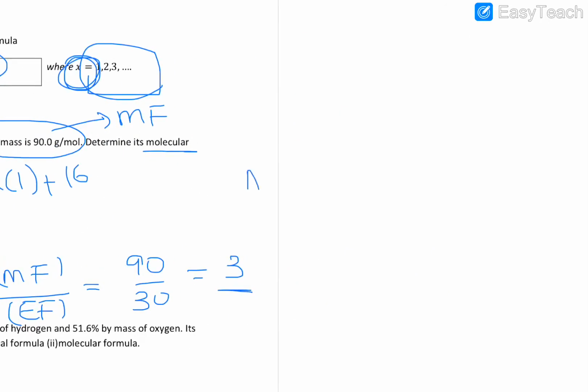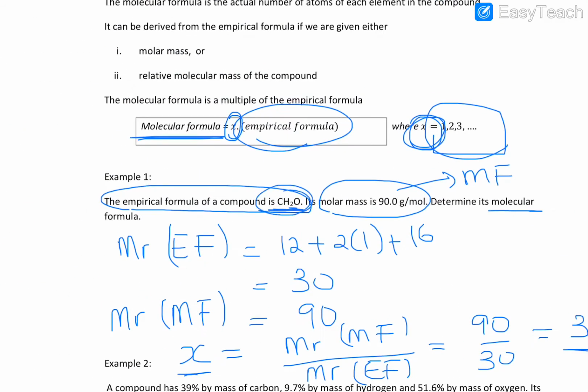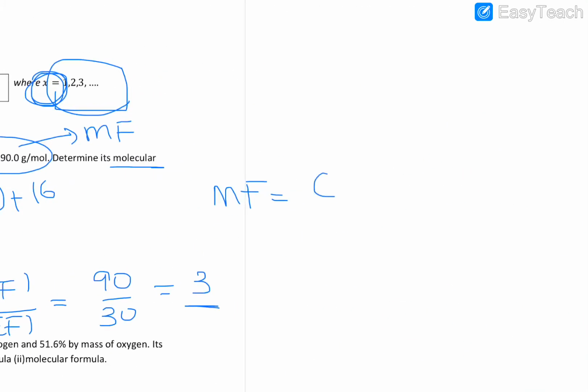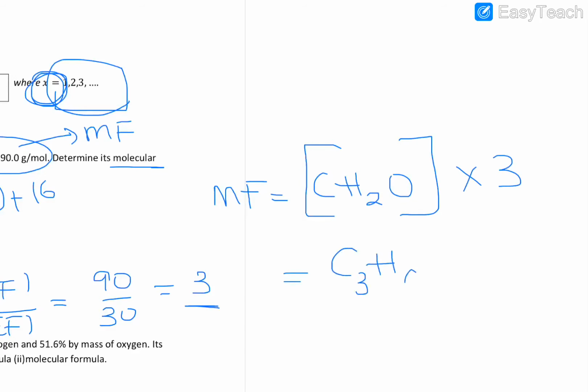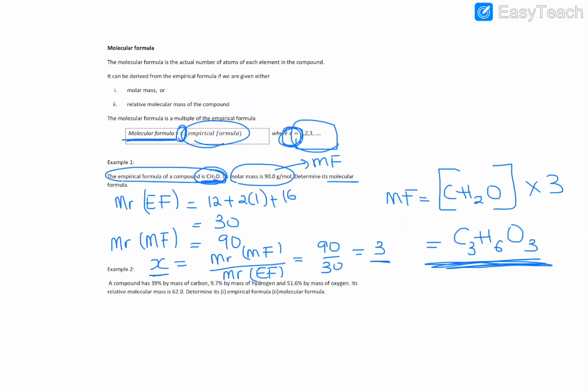So the molecular formula is going to be 3 times the empirical formula. CH2O, all of this is going to be multiplied by 3, so it's going to be C3H6O3. This is the actual formula of that compound, that molecule.